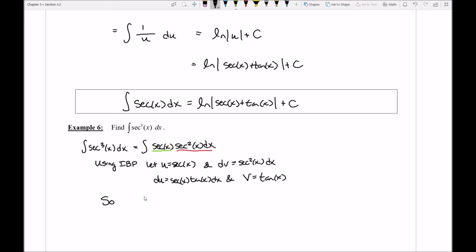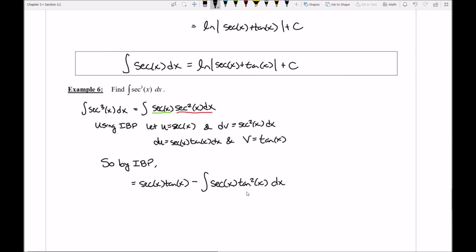So that would mean that if I continued my equal sign coming down, say by integration by parts, I end up with, start with u times v. So let's see, that's secant of x tangent of x minus the integral of v du. All right, so let's see, that's tangent of x times secant tangent. I'm going to make this secant x tangent squared x dx.